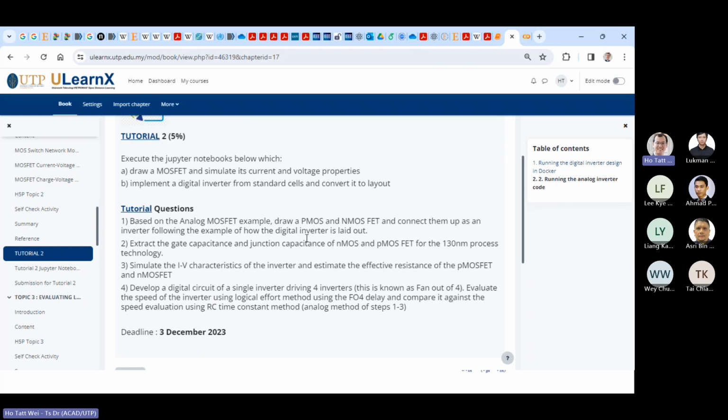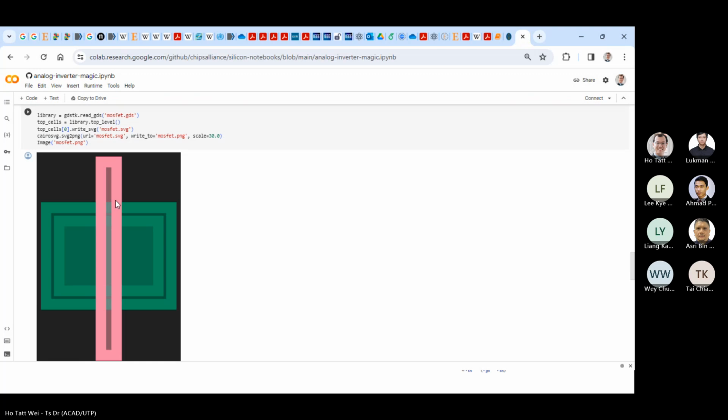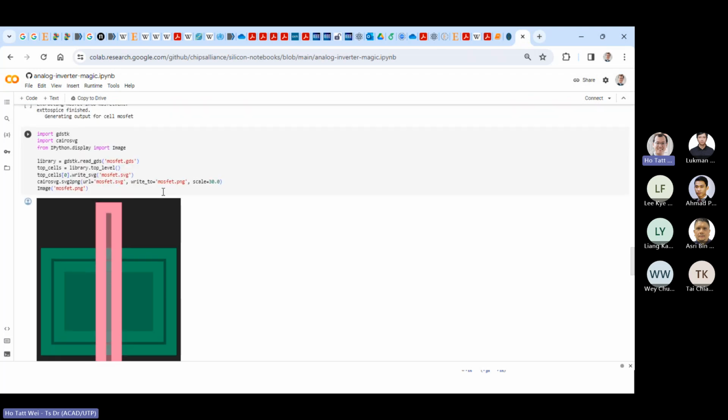Now the tutorial is just a slight difference. So that one was just a MOSFET. I think that was an N MOSFET. I want you to draw a PMOS and an NMOS, and I want you to connect them up together like an inverter. That's what question one is. Given you have this example, you can actually draw this. This is an N MOSFET.